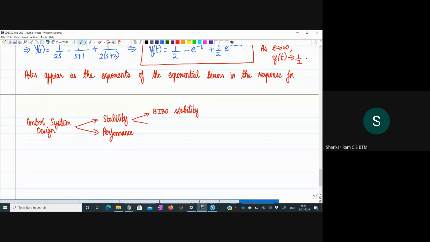The second one will be stability of an equilibrium state.